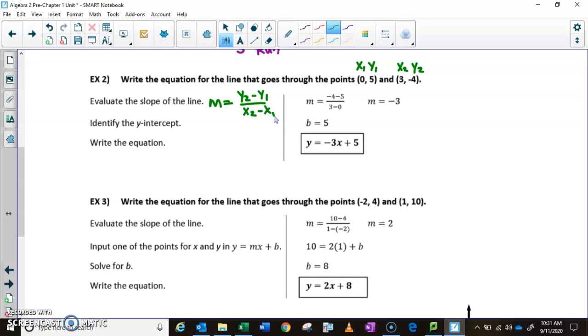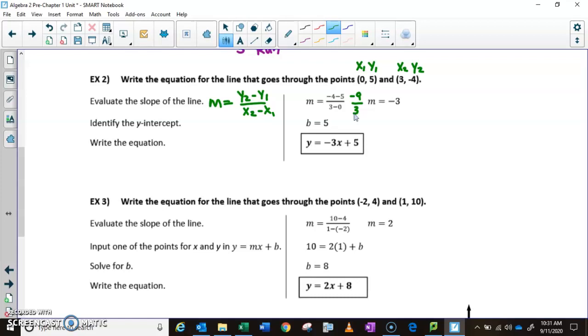Substituting into our formula, y2 is negative 4 minus y1 of 5 over x2 of 3 minus x1 of 0. So simplify: negative 4 minus 5 is negative 9, and 3 minus 0 is 3. So negative 9 divided by 3 gives me a slope of negative 3.